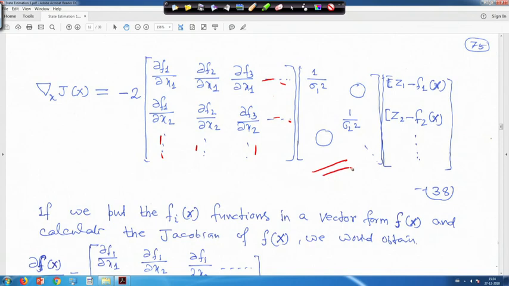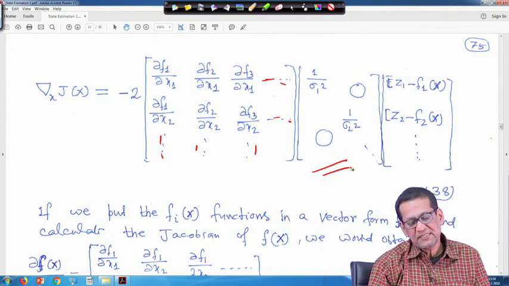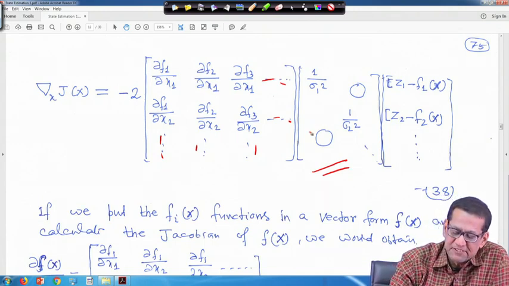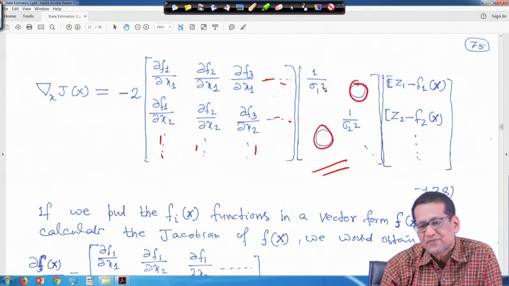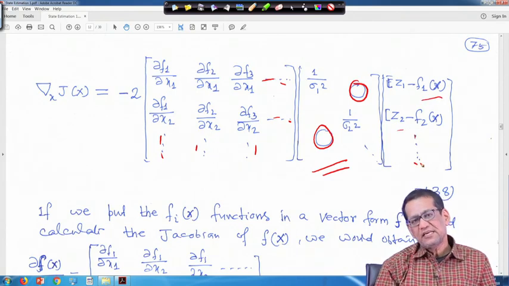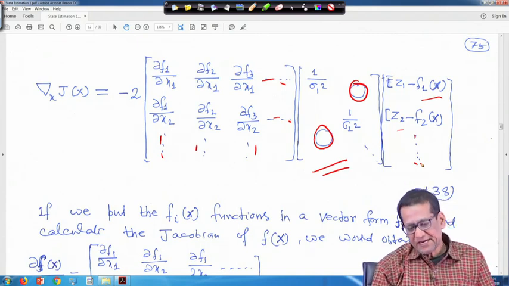Then this term automatically comes: a diagonal matrix of 1 upon sigma 1 squared, 1 upon sigma 2 squared, continuing, with all other elements 0, which is why these are shown as 0, into z 1 minus f 1 of x, z 2 minus f 2 of x, continuing up to your n m measurements.